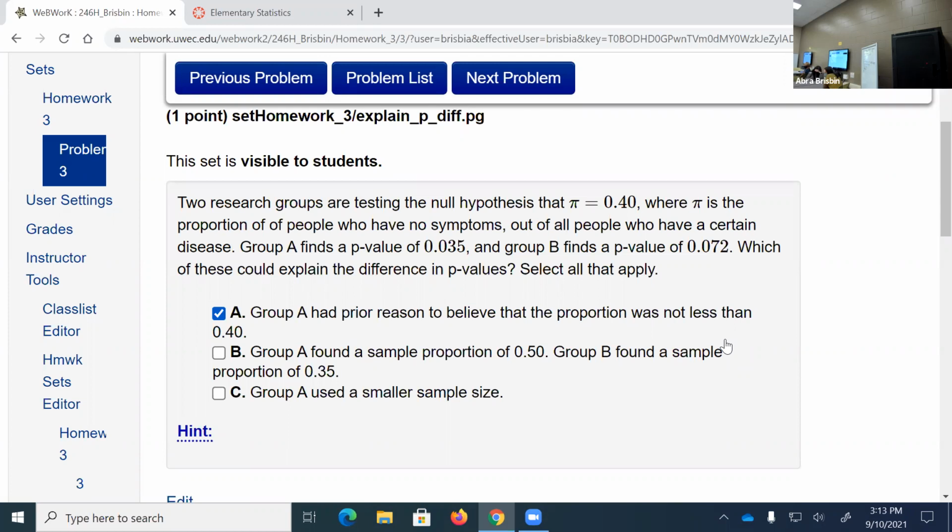For a two-sided alternative hypothesis, we'd also look on the other side of the center and find that probability as well. So that's why the p-value for a two-sided alternative hypothesis is usually about twice as big as the p-value for a one-sided alternative hypothesis.